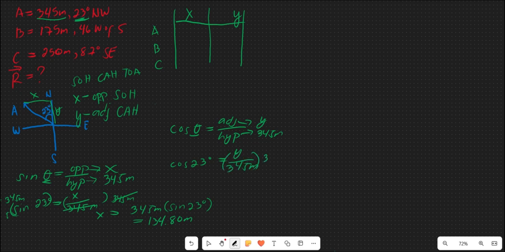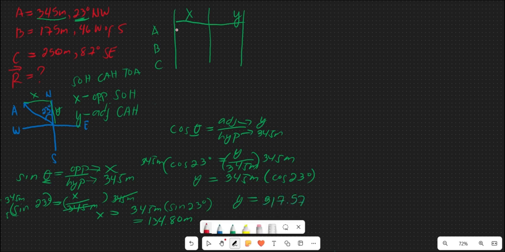Let's multiply both sides by 345 meters to cancel out the 345 meters on the right side. Now we are left with the equation y is equal to 345 meters multiplied by cosine 23 degrees. And that will give us 317.57 meters.